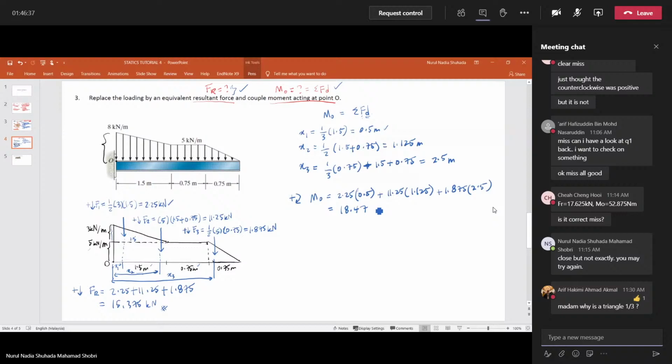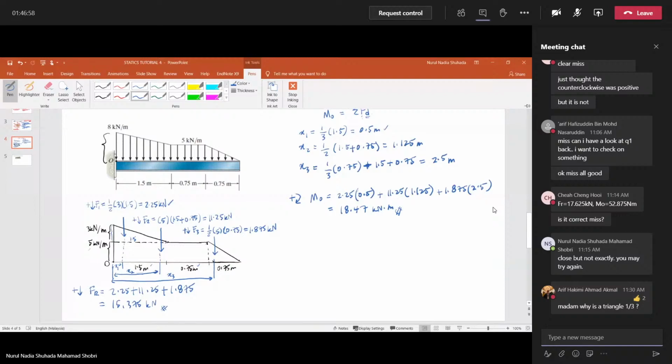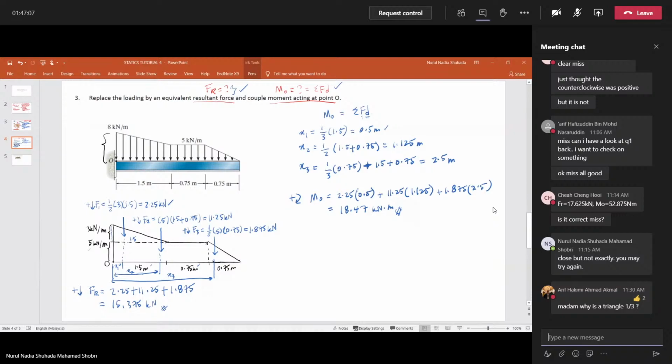Wait on. Why is a triangle 1/3? Okay. So that's actually the formula for the triangle, how to find the distance. You guys have to remember the formula.